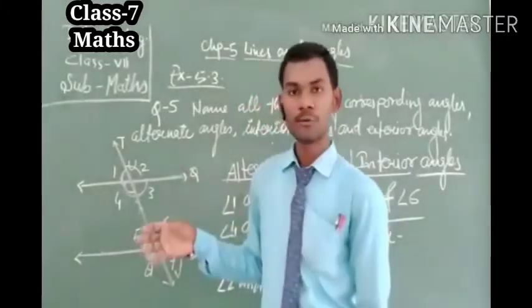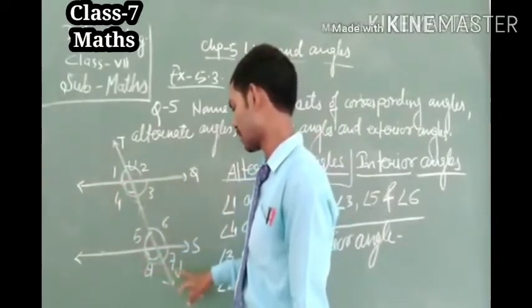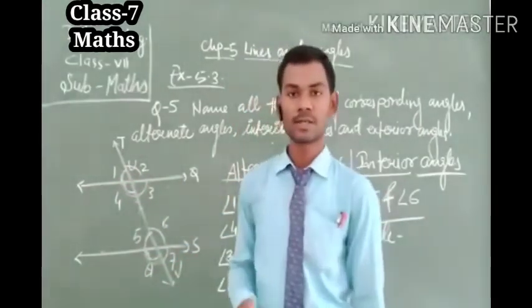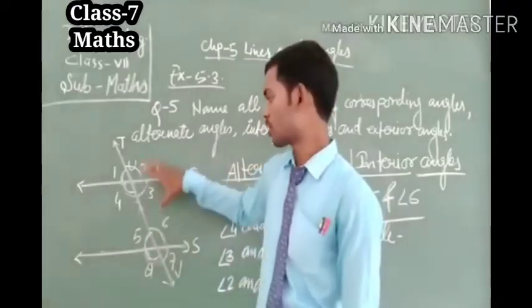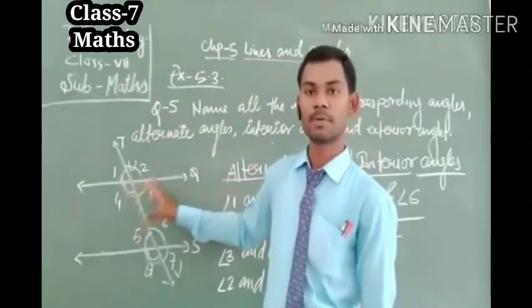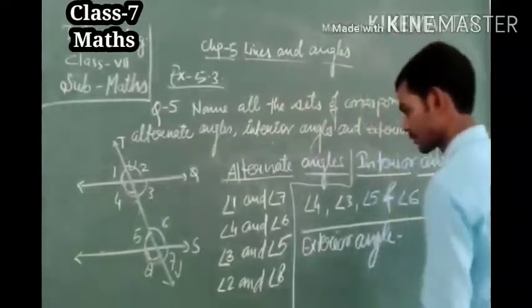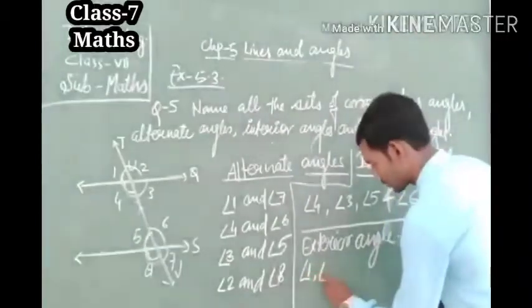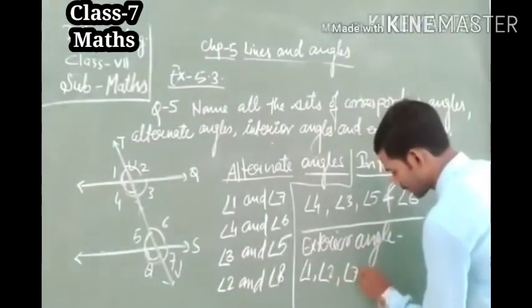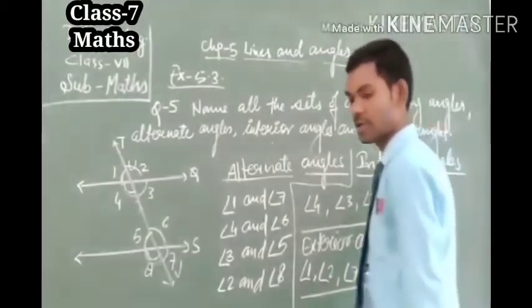In the figure, angle 1, angle 2, angle 7, angle 8 are the exterior angles because they do not have the line segment UV and also do not lie between Q and S. So we can write angle 1, angle 2, angle 7 and angle 8 are the exterior angles.